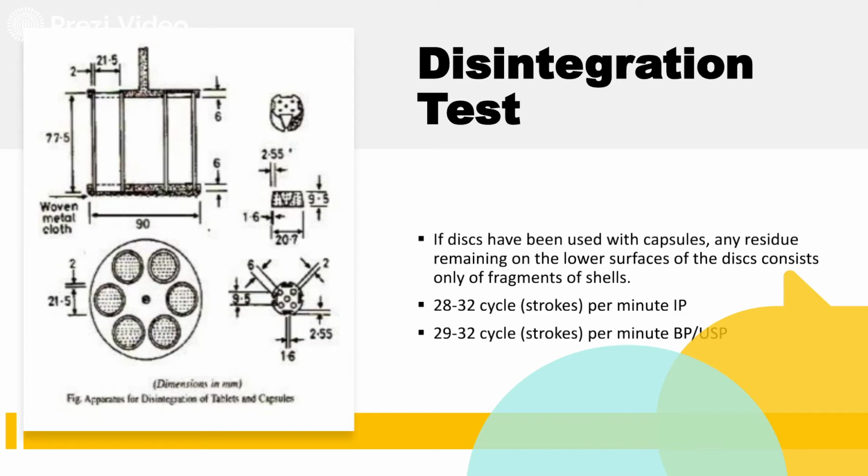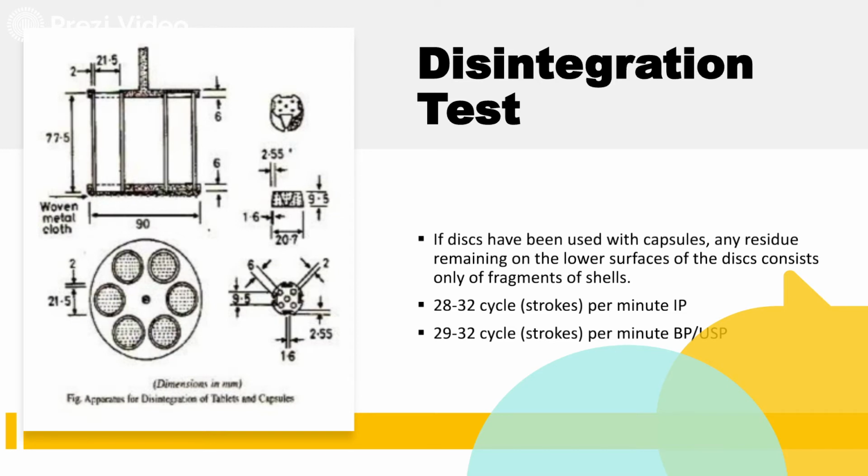One thing very important to note here is that different pharmacopoeias define different strokes, that is, the up and down movement per minute conducted by the disintegration apparatus. A disintegration apparatus having strokes of about 28 to 32 cycles per minute is as per the Indian Pharmacopoeia.